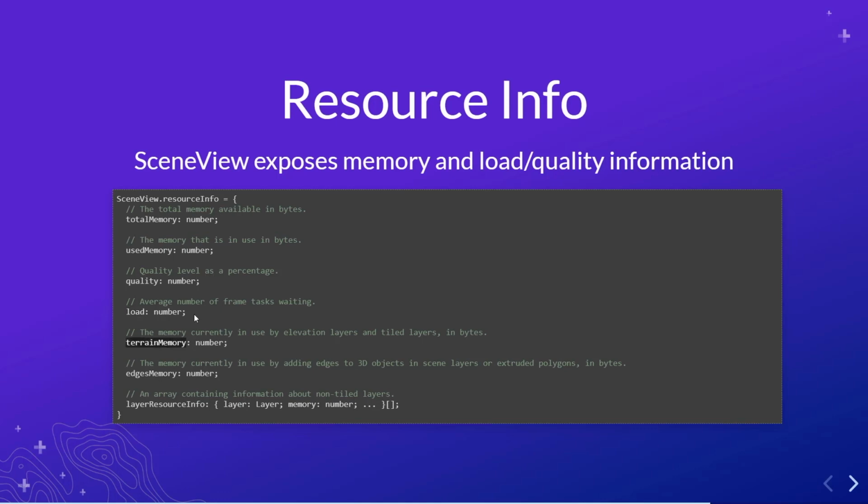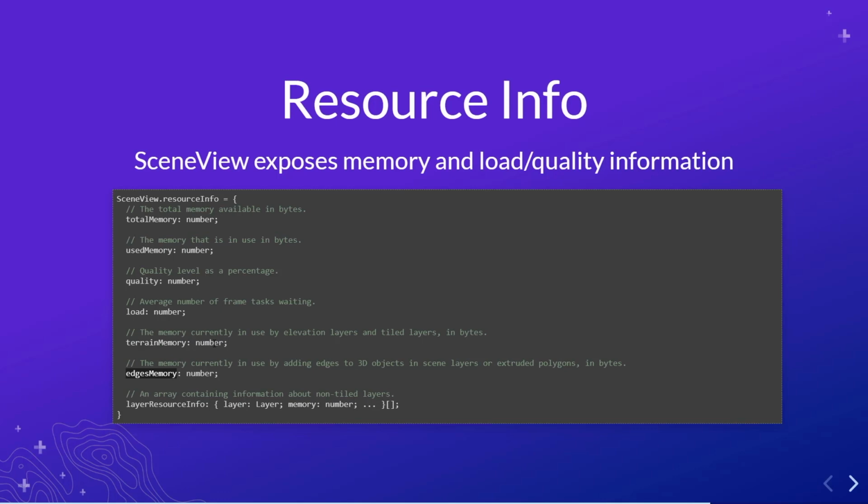Then terrain memory will give you an estimate on the memory used by our terrain rendering engine, which contains elevation layers and tiled layers. Edges memory is another memory number that we expose.